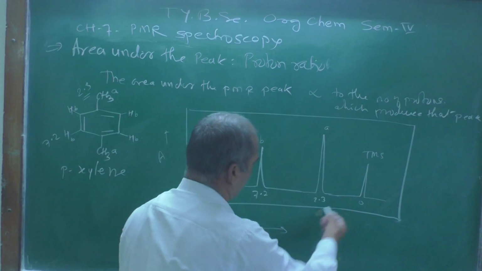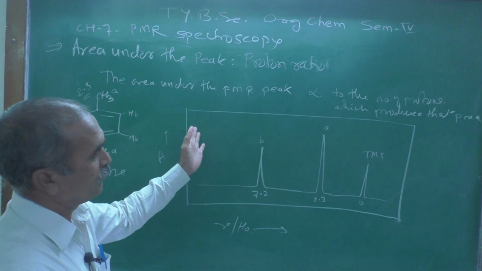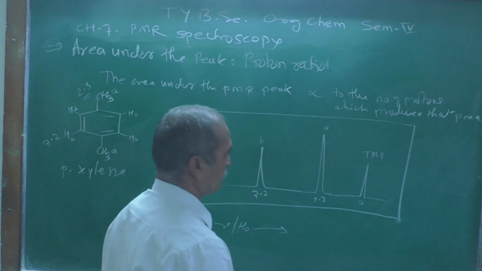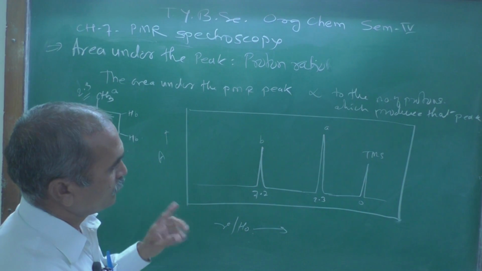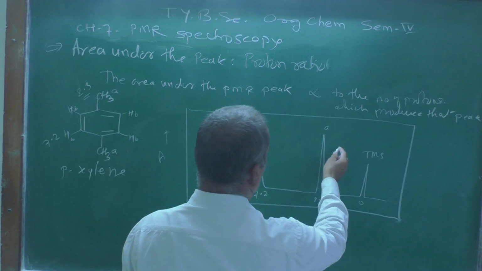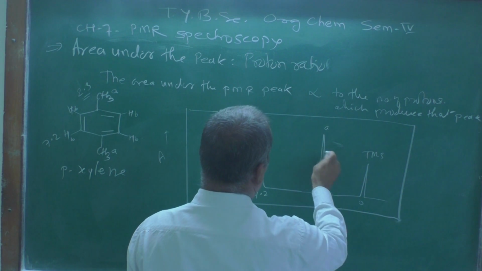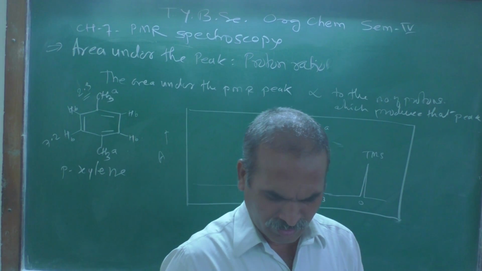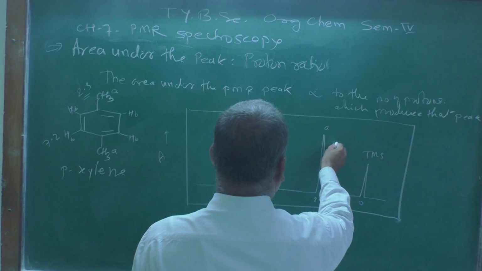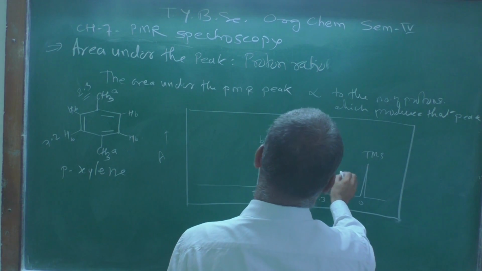If you go this side, that is upfield and this is downfield; these are deshielded, these are shielded, that we know. Now the machine automatically provides this type of integrations over there.